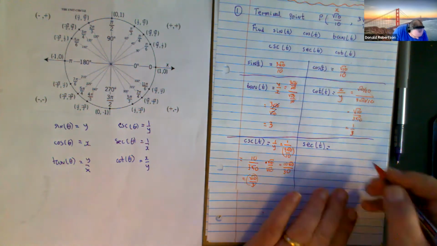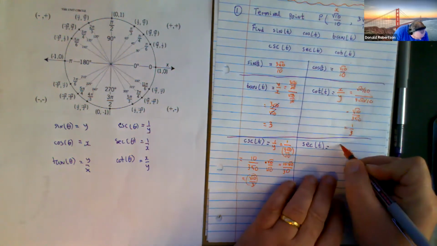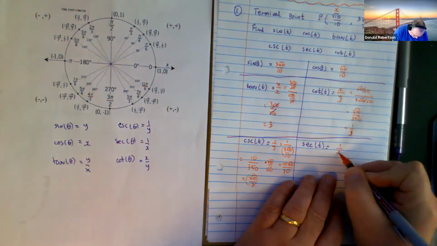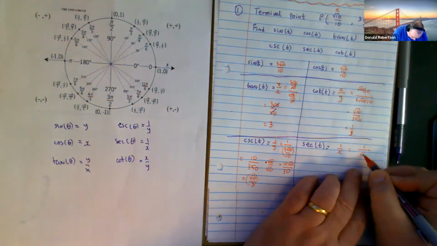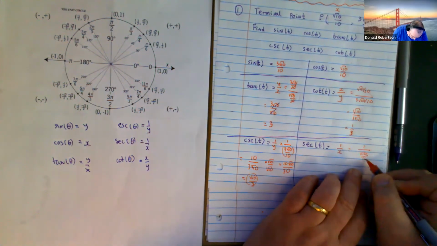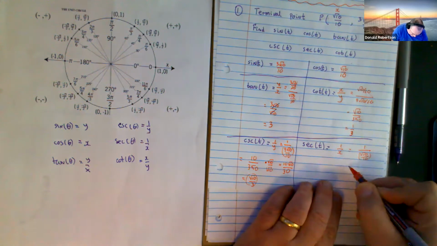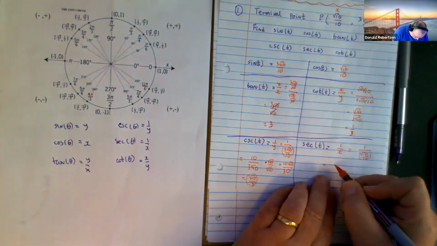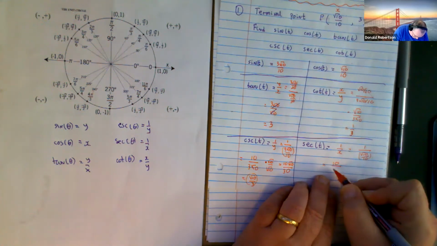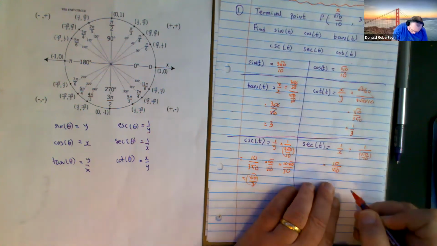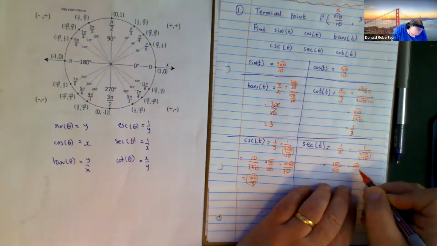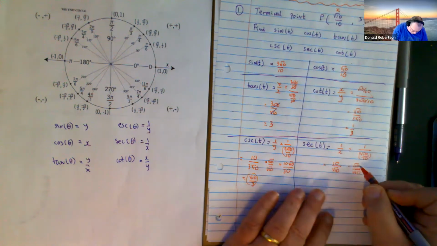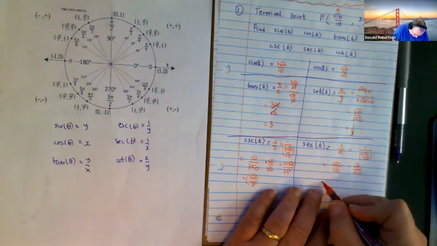And the last one of this set then is the secant, which is 1 over the x. So it's 1 over this fella. And the reciprocal of that guy is essentially just turn them upside down. So you get 10 on the top, root 10 on the bottom. Same kind of problem as we have here. So we'll rationalize the denominator by multiplying both the top and the bottom by root 10.